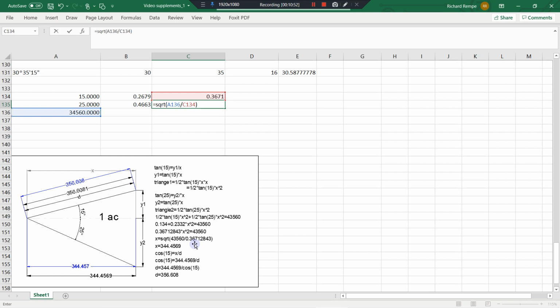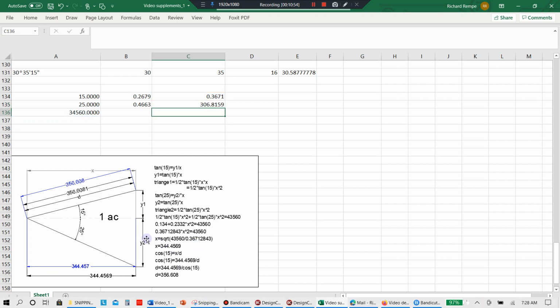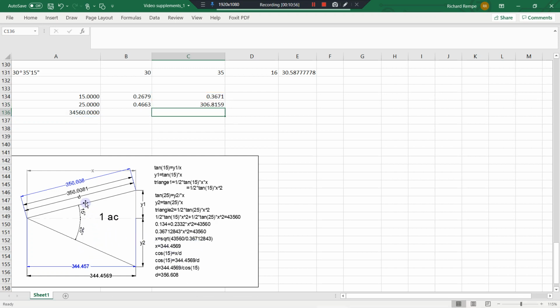Pretty much that's it, right? Enter. Something's wrong with that. Oh, I have this wrong, this is actually 43,560. Enter, that would create a little difference.